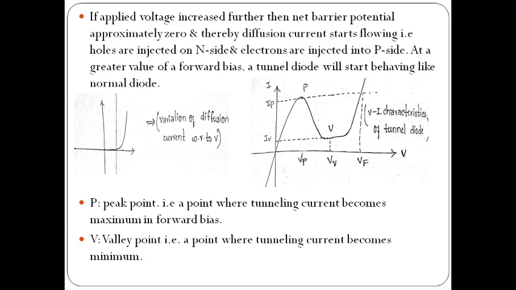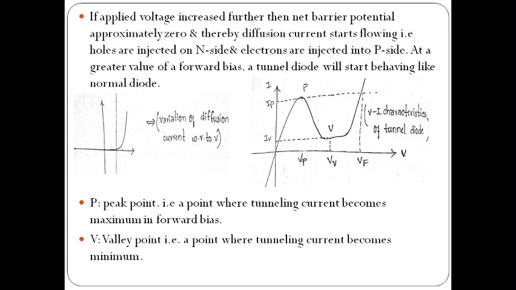That means it is the normal operation of a PN junction diode. So for greater values of forward bias, the tunnel diode will start behaving like a normal PN diode.